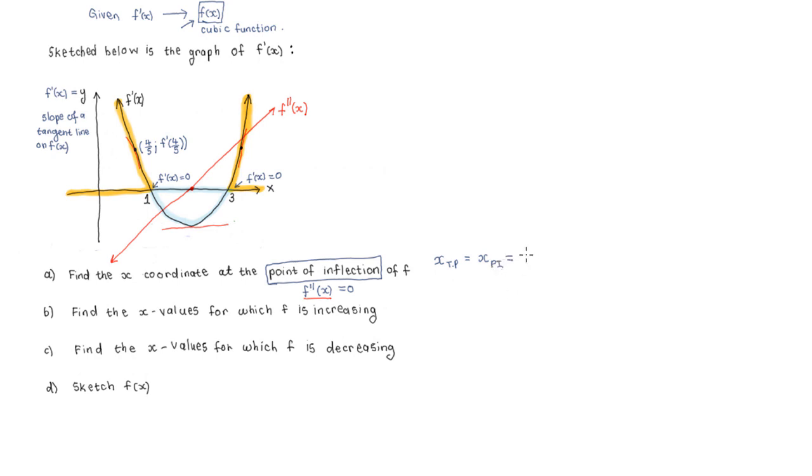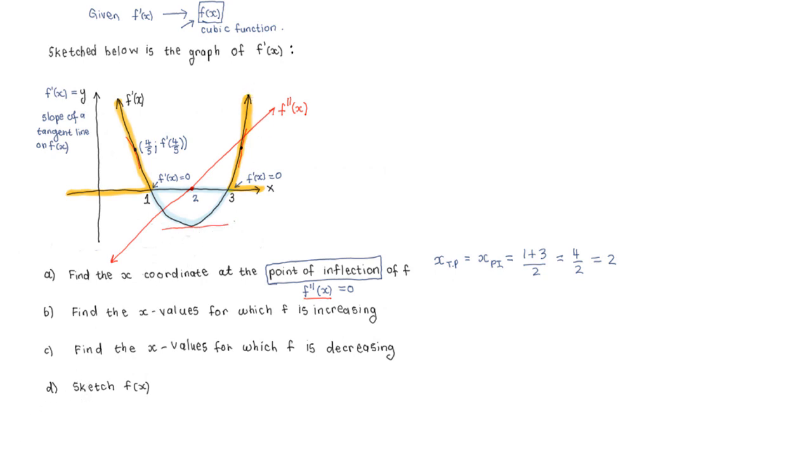That is 1 plus 3, divided by 2. And 1 plus 3 is 4. Divide that by 2, we're going to have an x-coordinate of 2. So at an x-coordinate of 2, our original function f of x has a point of inflection, and the second derivative function has a turning point.